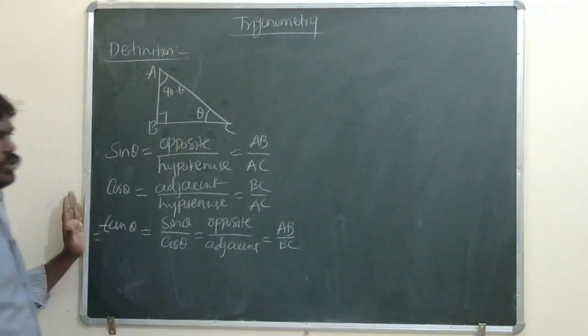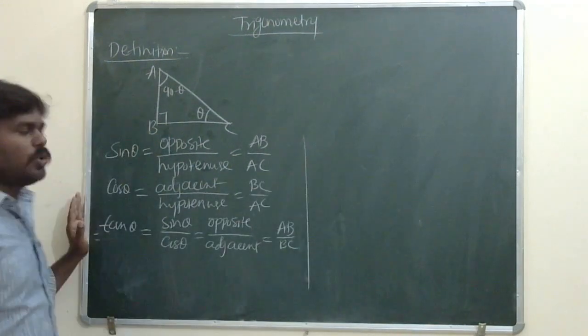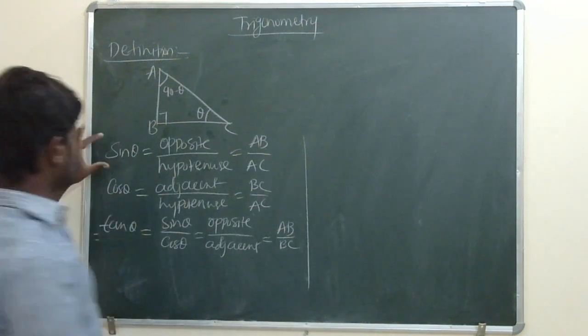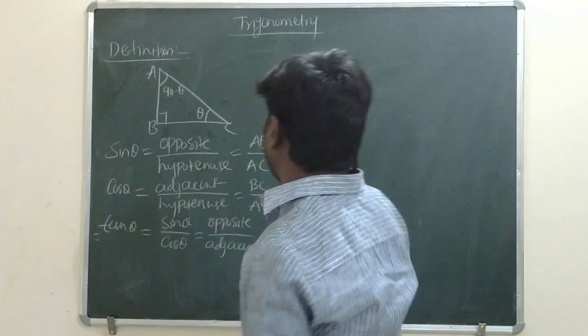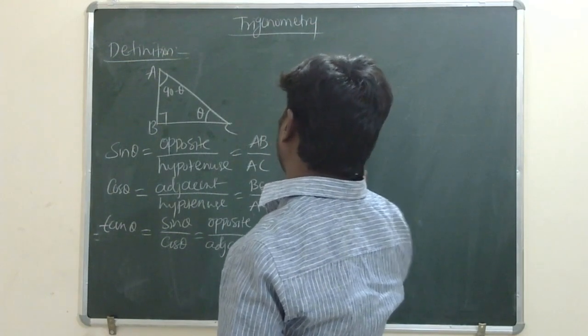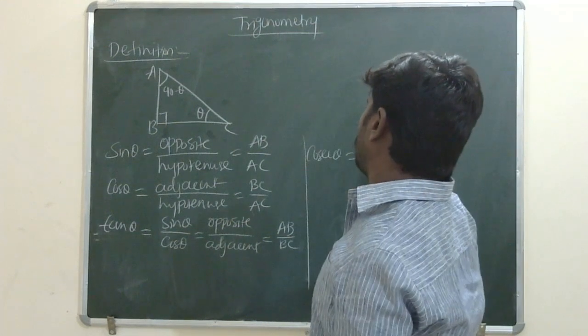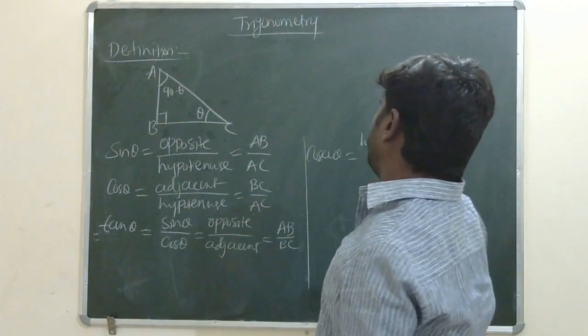Next trigonometric ratios are reciprocal to the sine, cos, tan respectively. So the reciprocal of the sine is nothing but cosecant. So cosecant means here hypotenuse divided by opposite.